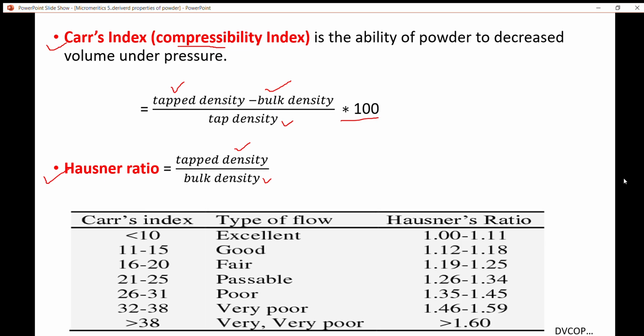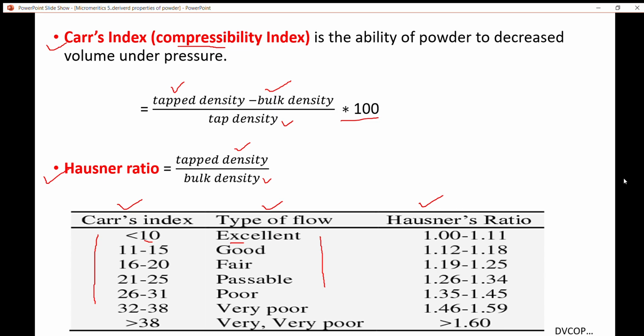The relationship between the Carr index, the flowability of powder and the Hausner ratio is given in this chart. If the value of the Carr index increases, then the flow of that powder decreases, means flow characteristics decrease. If the Carr index is less than 10, then the flow of powder is excellent.